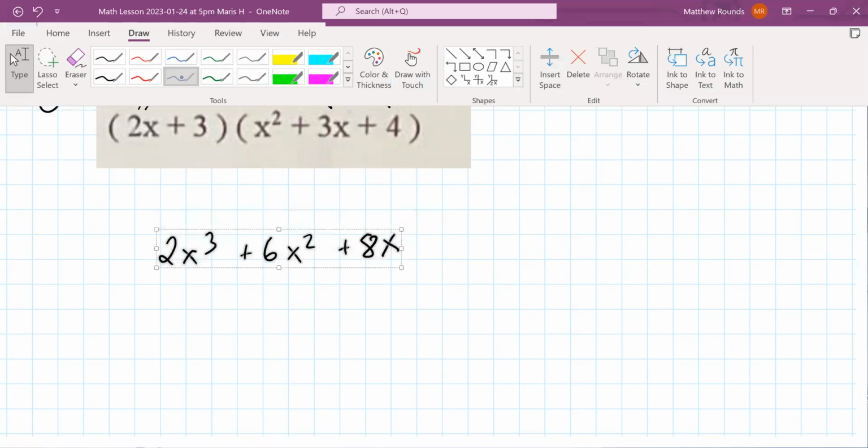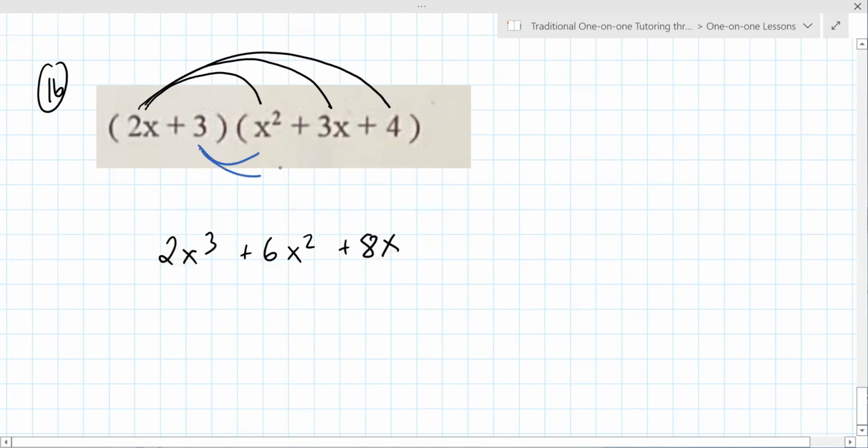Right. Now you do the same thing with the 3. You multiply each of these by 3. So that's positive 3x squared, positive 9x, and positive 12.